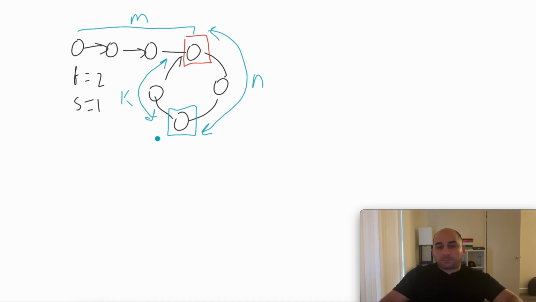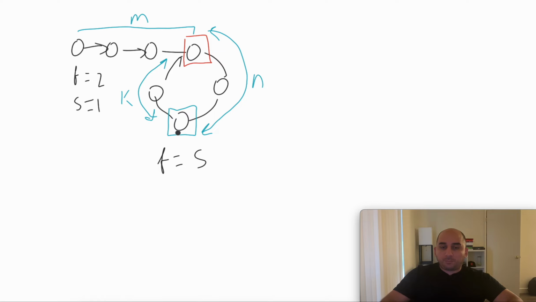The way we solve this problem, first we apply the fast and slow approach, and we find the point where they are equal to each other. At this point fast equals slow, and we know that there is a circle.